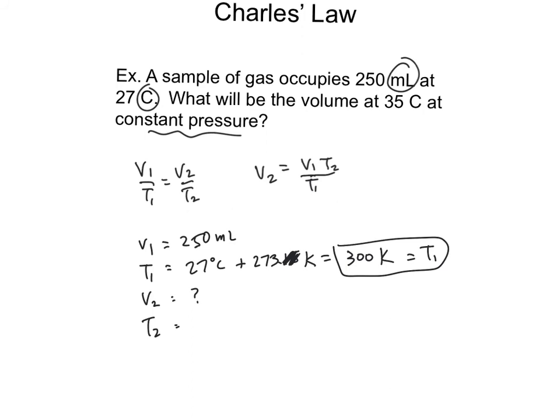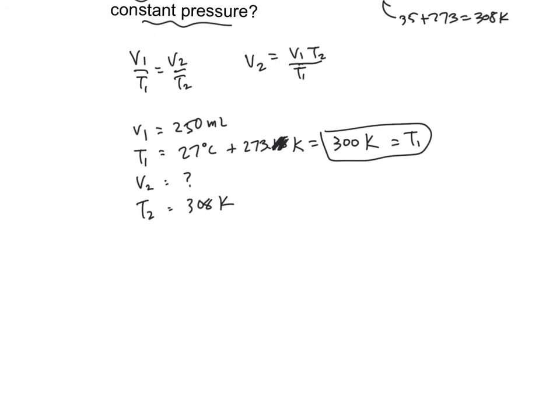And then T2 is 35 degrees C. This is going to be equal to 308 Kelvin. So 35 plus 273 is 308. All right, so then we can plug it in. We're going to solve for V2 here.